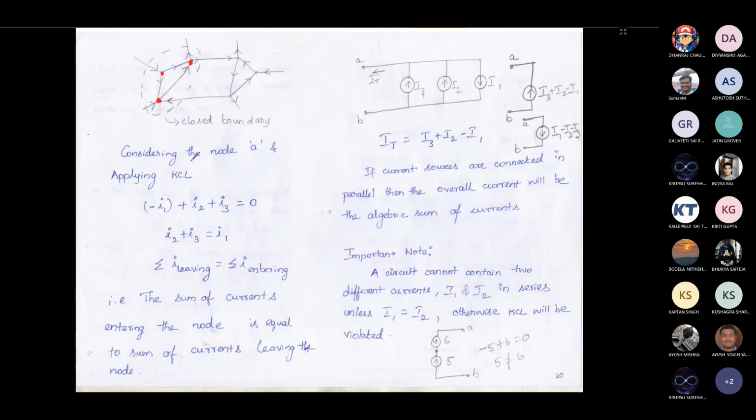Other than that, for any closed boundary the sum of currents entering will be equal to the sum of currents leaving, but that is not required for you. Mainly you can apply KCL at any node.